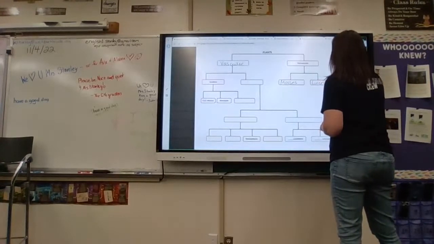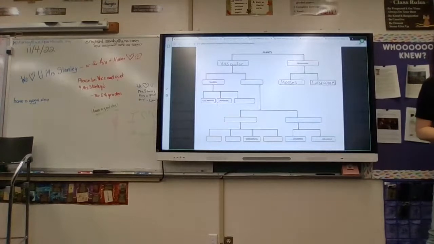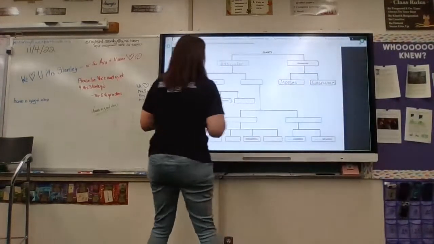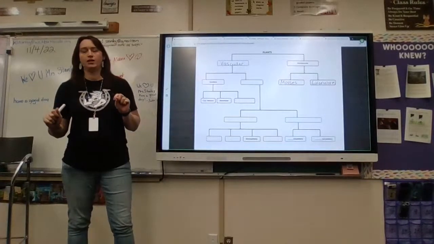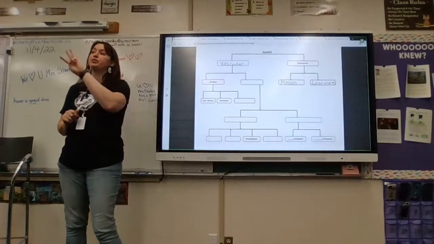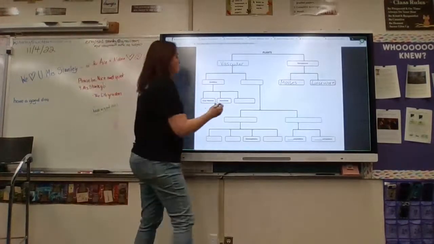There is another one called hornworts that we didn't really talk about. Then yesterday we talked about seedless vascular plants, and there were three: club mosses, horsetails, and ferns.